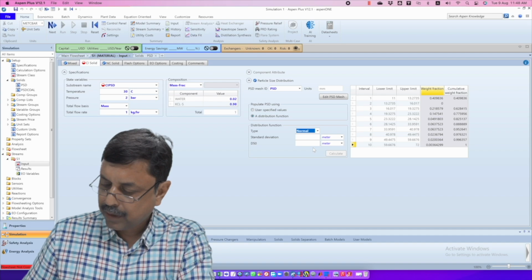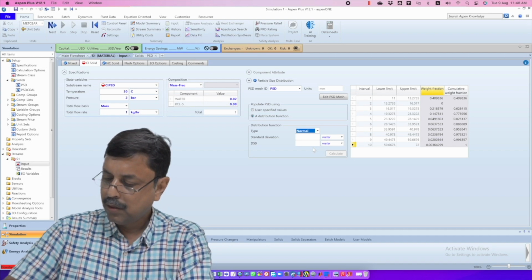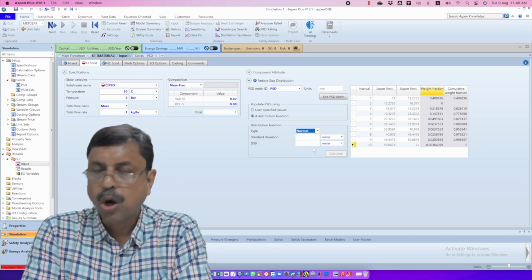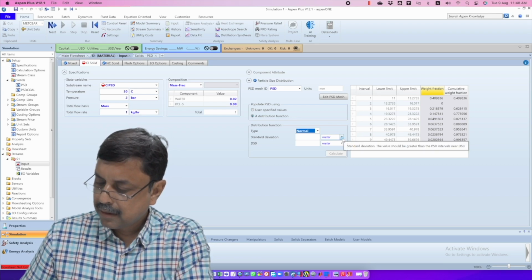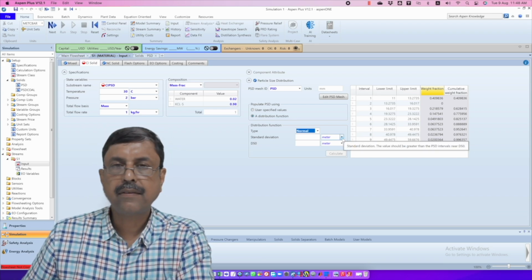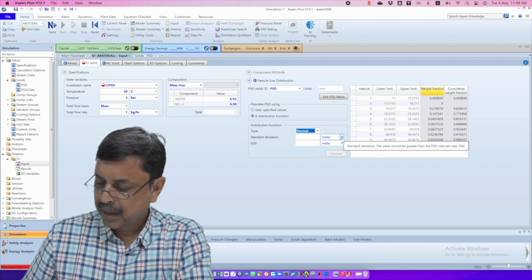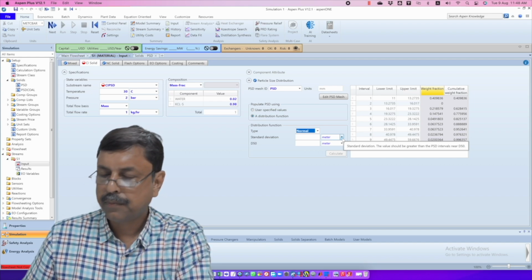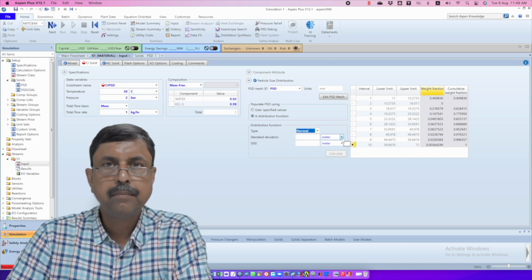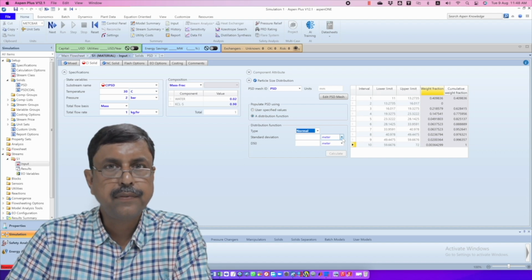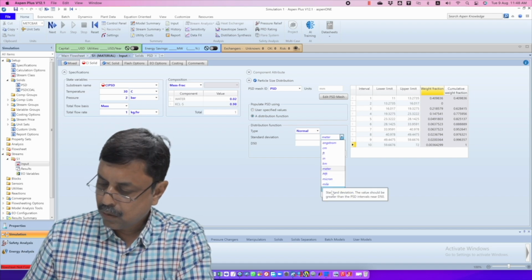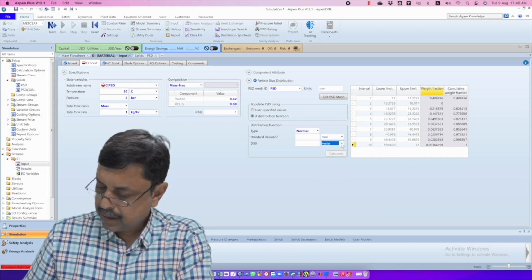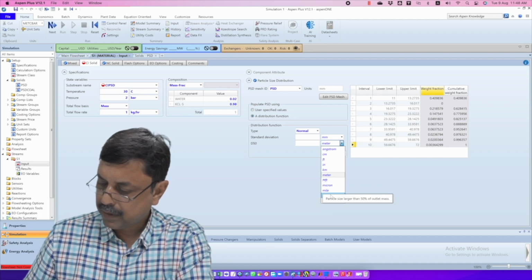For instance, say we use the normal distribution function. In that case, we have to specify the standard deviation and the D50 value, that is the particle size which is larger than 50% of the solid mass. Both of them will be in millimeter, so we choose millimeter for both.